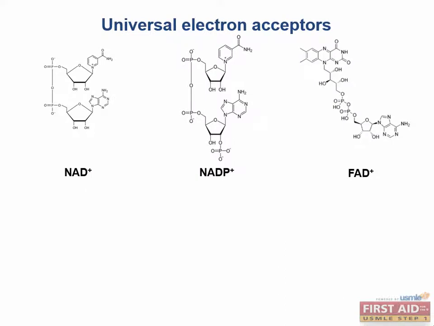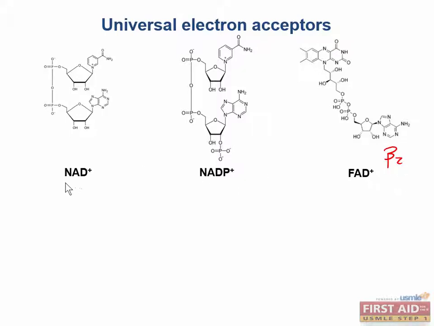Thinking back just a little bit, in the biochemistry nutrition section, he talked about the most common electron acceptors, which are the nicotinamides, our NAD+ and our NADP+, as well as the flavin nucleotide FAD. Do you remember what vitamin our FAD is derived from? Well, our FAD is derived from riboflavin, or vitamin B2.